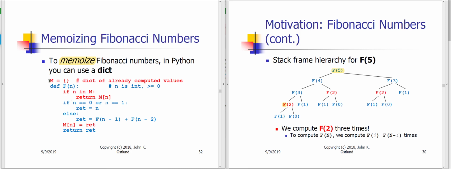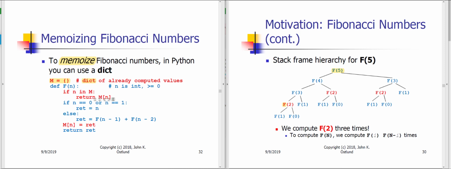Okay, so a dictionary is often a convenient way of setting up memoization because we can map the argument to the previously computed value using a dictionary. Initially, because we haven't computed anything yet, our dictionary is going to be empty. We will call f of n, and this time, rather than computing anything for f of n, we will test whether n is already one of the keys in our dictionary.